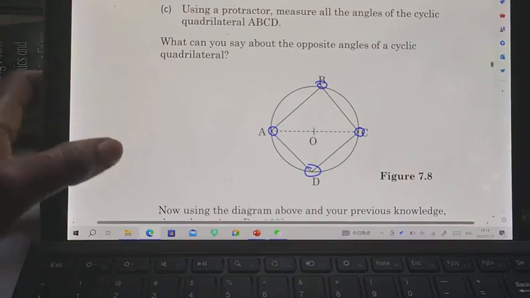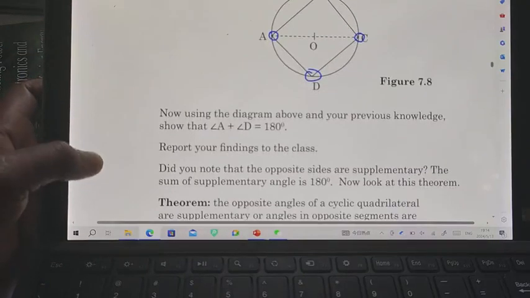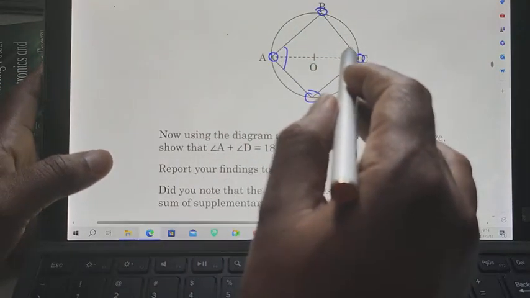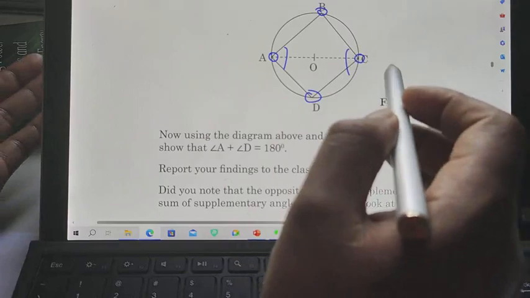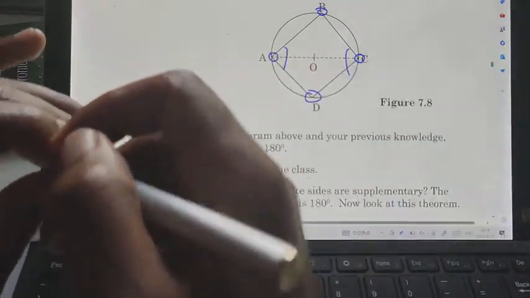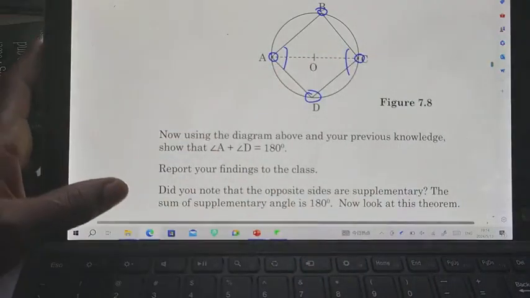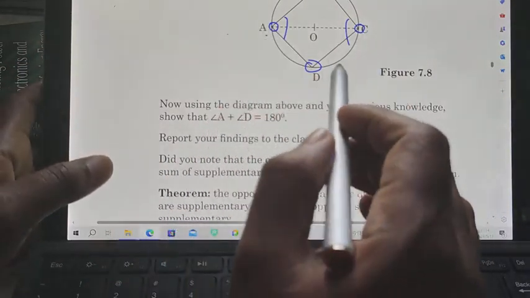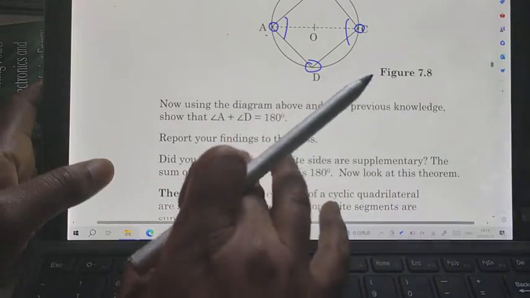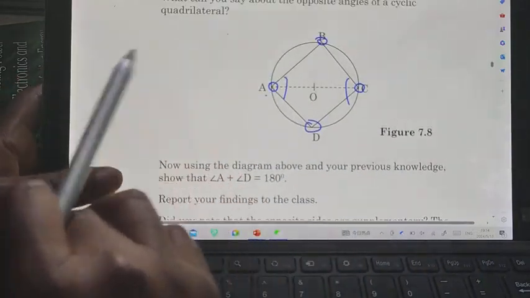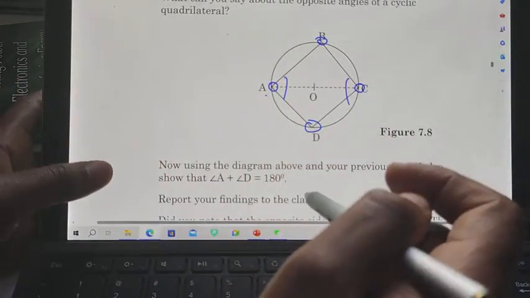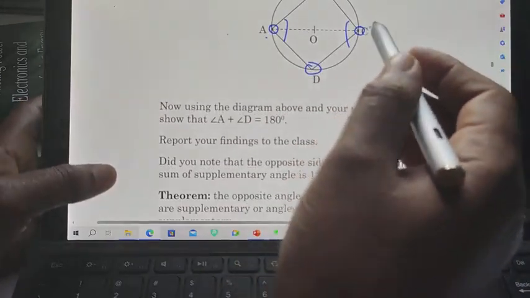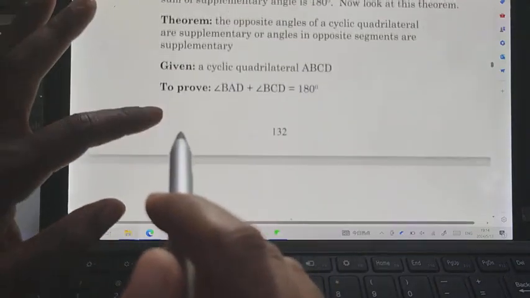So that's what we discussed last time, and now it's kuti opposite angles of cyclic quadrilateral. The first theorem had up to 180 degrees. Angle A and angle C should be equal to 180 degrees.